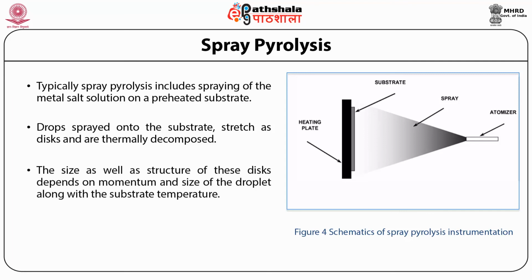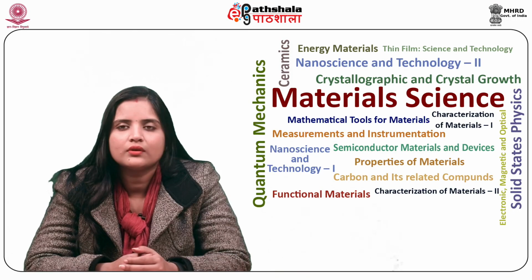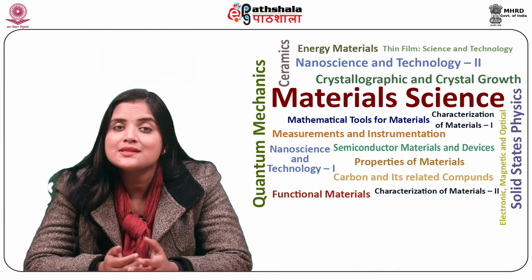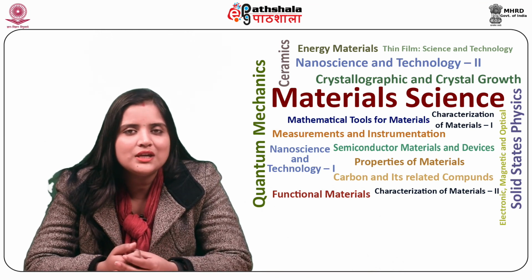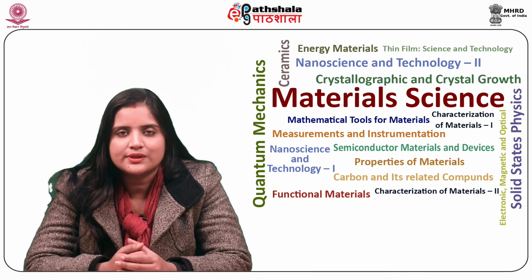The size as well as structure of these discs depends on momentum and size of the droplet along with the substrate temperature. Accordingly, the film is mostly formed of the overlapping metal salt discs being transformed to metal oxides on heated surfaces. We will next discuss the useful parameters in spray pyrolysis.